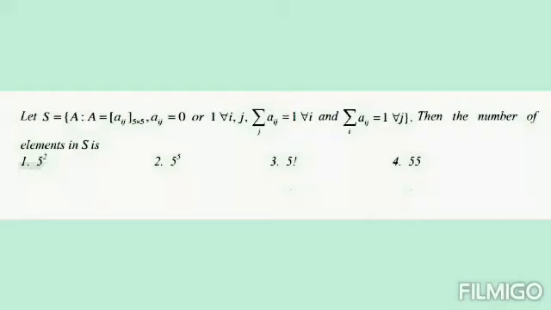Now you can clearly see that we have a matrix such that each element is either 0 or 1 and the row sum and column sum are both equal to 1. So now let's solve the question.